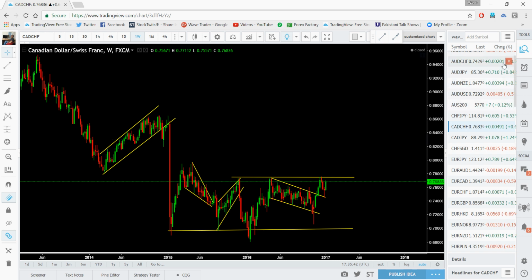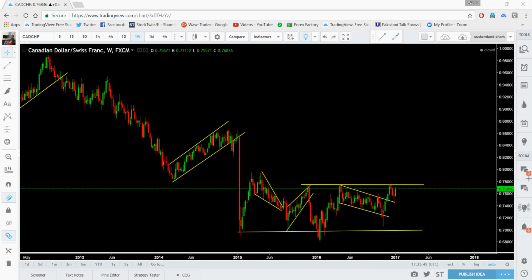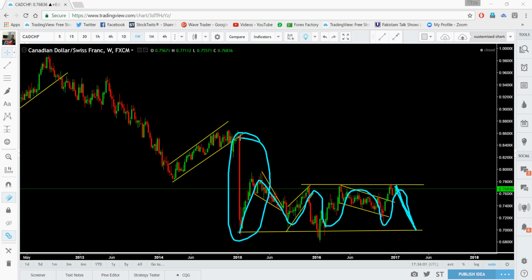We are looking for short at this point. I'm anticipating that price is running within this flat channel, right? And we can have a big move to the downside. We can see there is a strong impulse.